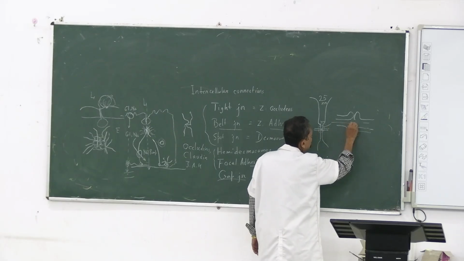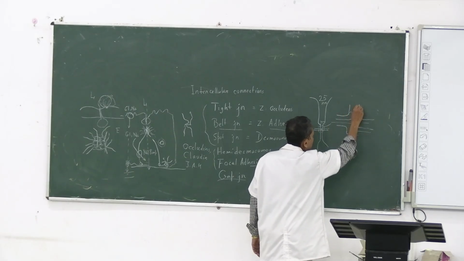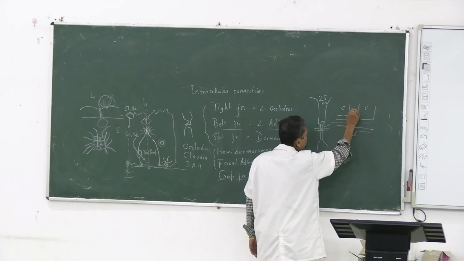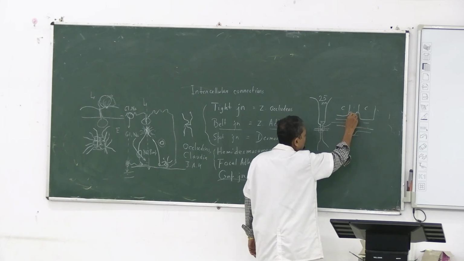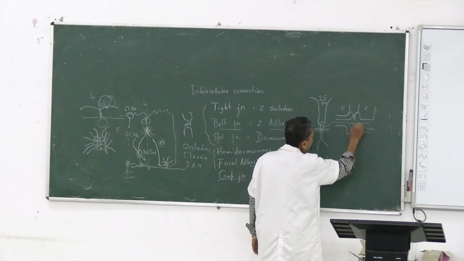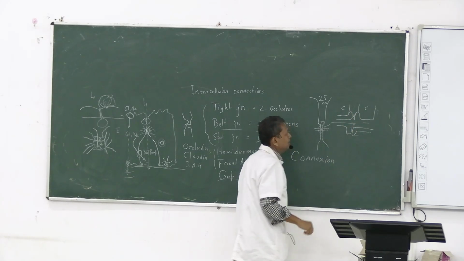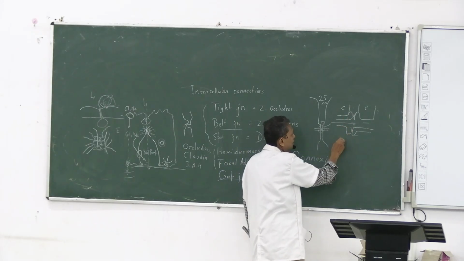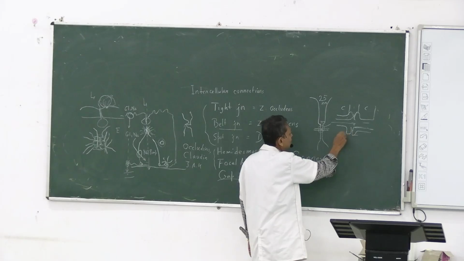And there is a tunnel through which substances pass. It is the cell membrane, and the space between the cells is reduced to very small, so that substances can pass through without entering the cell. It is one subunit of one connexon, and they are called connexins.